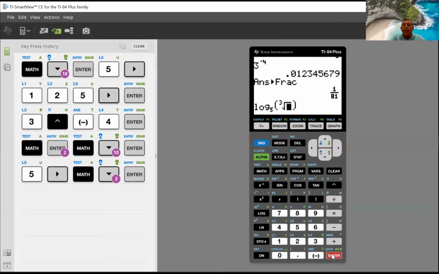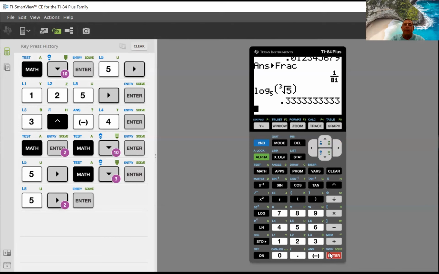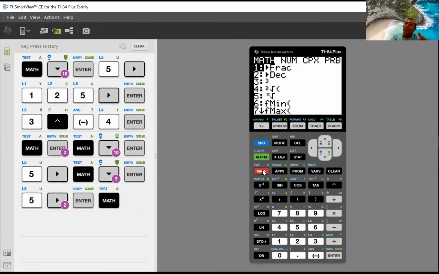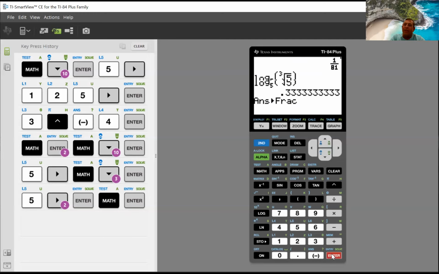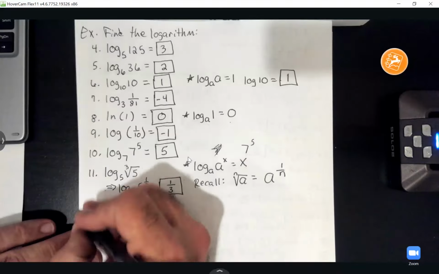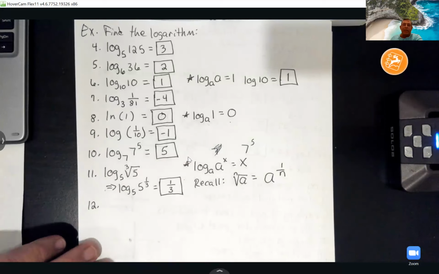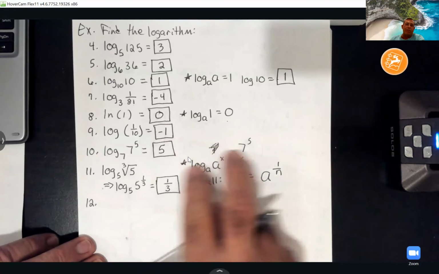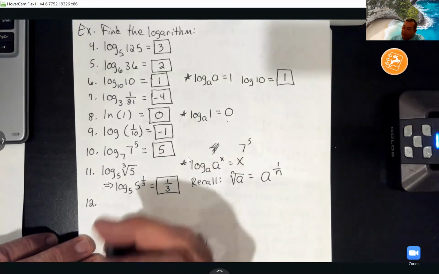So I hit enter and put my 5 under that. So I'm doing the log base 5 of the cube root of 5. I hit enter. Now remember, it's giving me a decimal, so I hit math and enter twice to turn that into a fraction. And there's that 1/3. So these follow a lot of exponent rules because they're really similar to exponents.